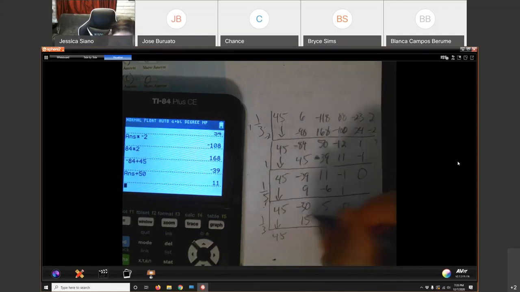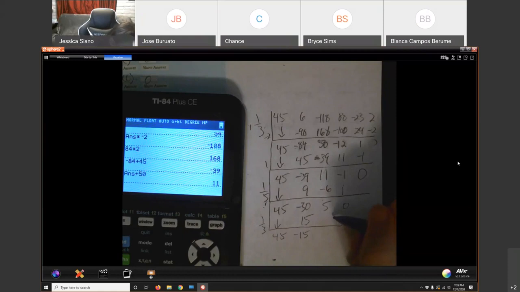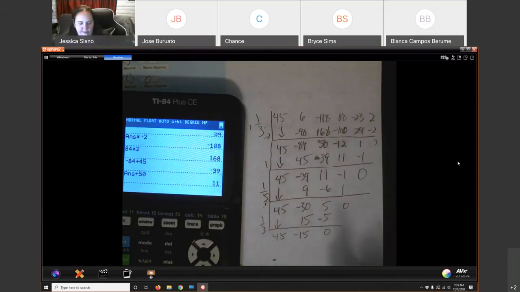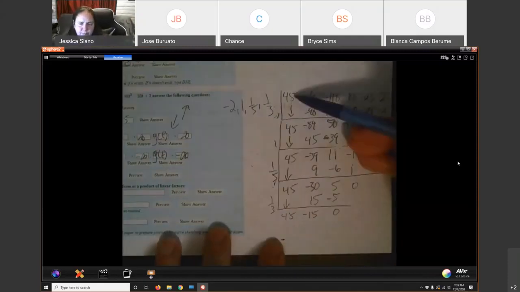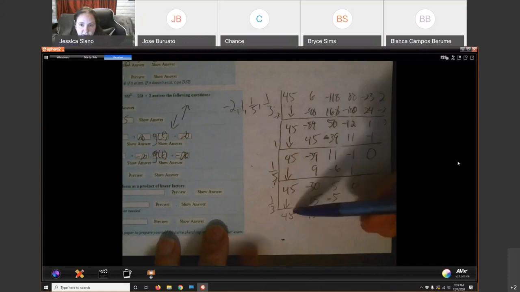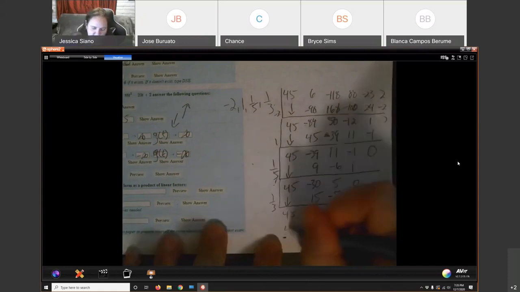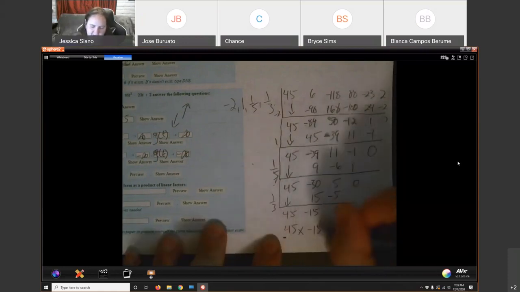Times 1/3 is 15. Negative 15 times 1/3 is 5. Negative 5. So then, if this was to the 5th, this would be 4, 3, 2, 1. So what I've got here is 45x minus 15 equals 0.